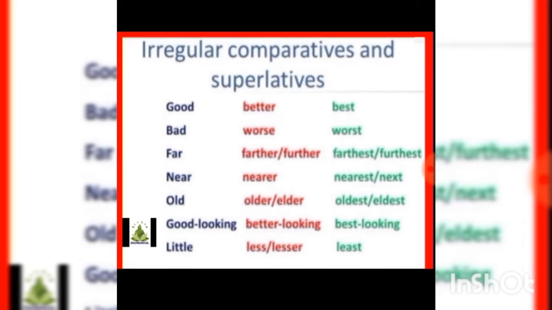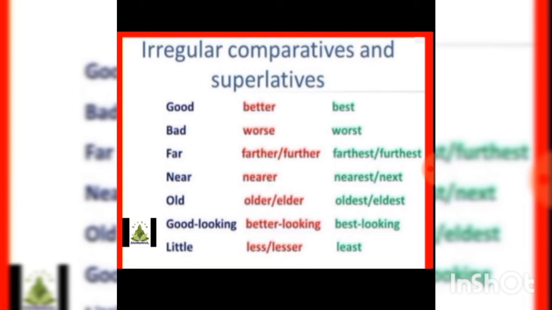Okay, now you can see there is a list of irregular comparative and superlative degrees. See: good, better, best; bad, worse, worst; far, farther, farthest, or you can say far, further, furthest; near, nearer, nearest, or next; old, older, oldest; good looking, better looking, best looking; little, less, least, or you can say little, lesser, least.